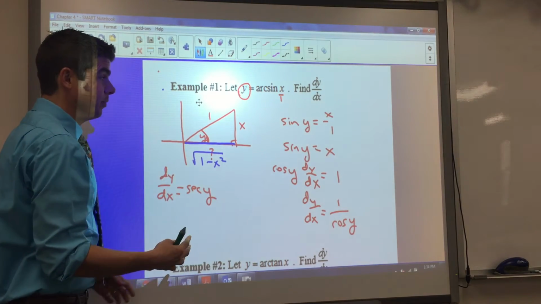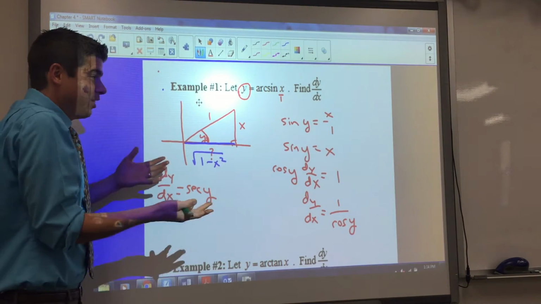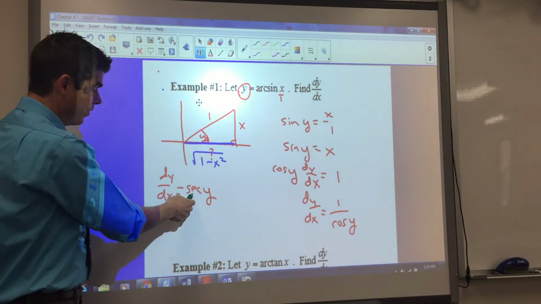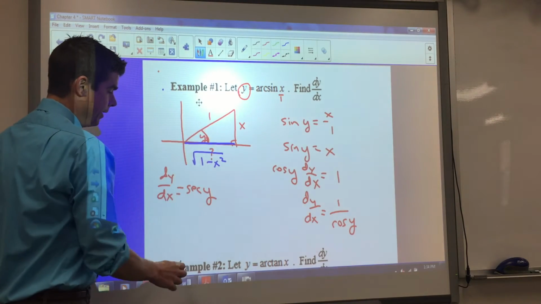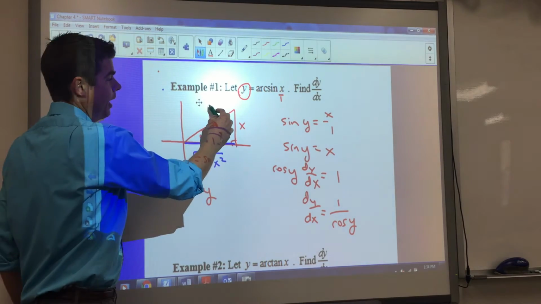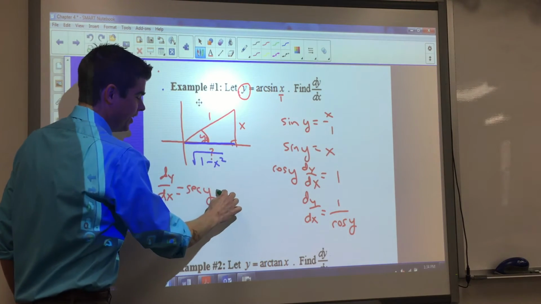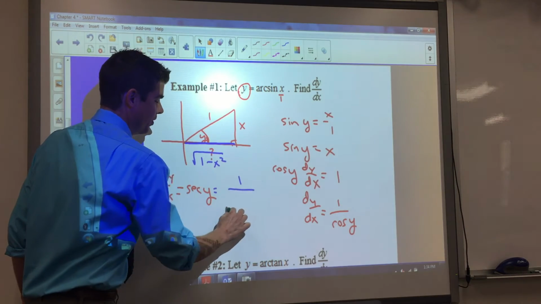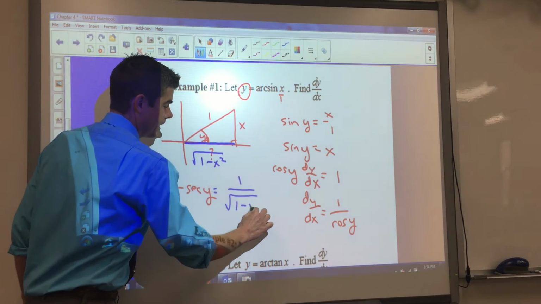And now I hope you see where we're going to get these squares from. It's all the Pythagorean theorem, right? Secant of y is hypotenuse over adjacent. Therefore, I'm getting 1 over the square root of 1 minus x squared.